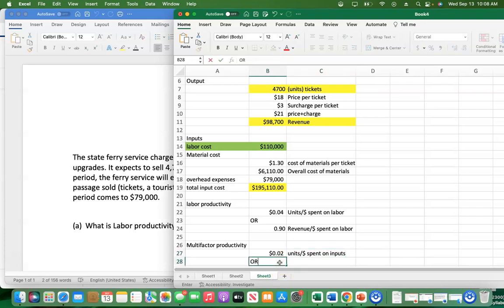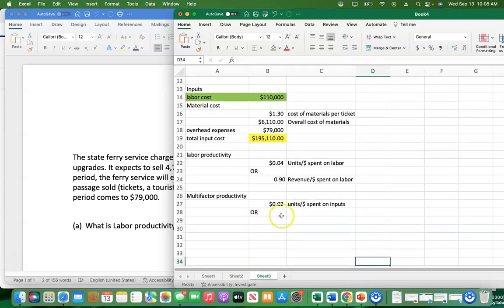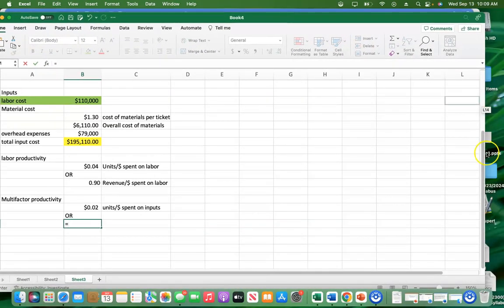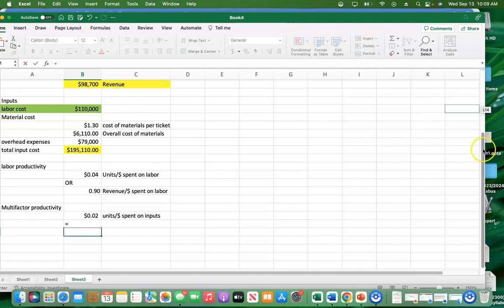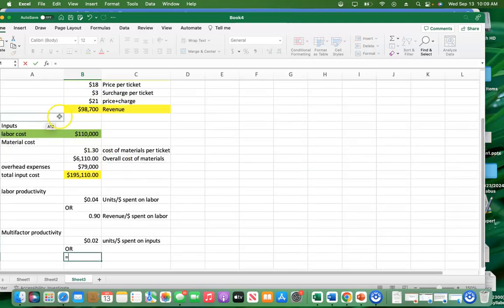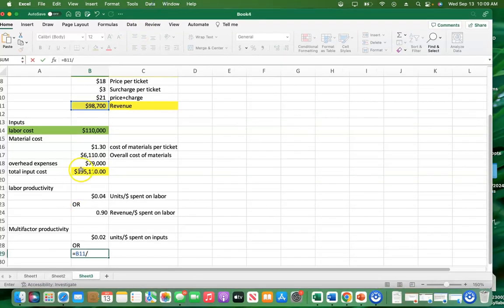In this case also, we can look at this in terms of revenue, and therefore we have revenue here. This is revenue, so we can click on the revenue, divide by the total inputs.